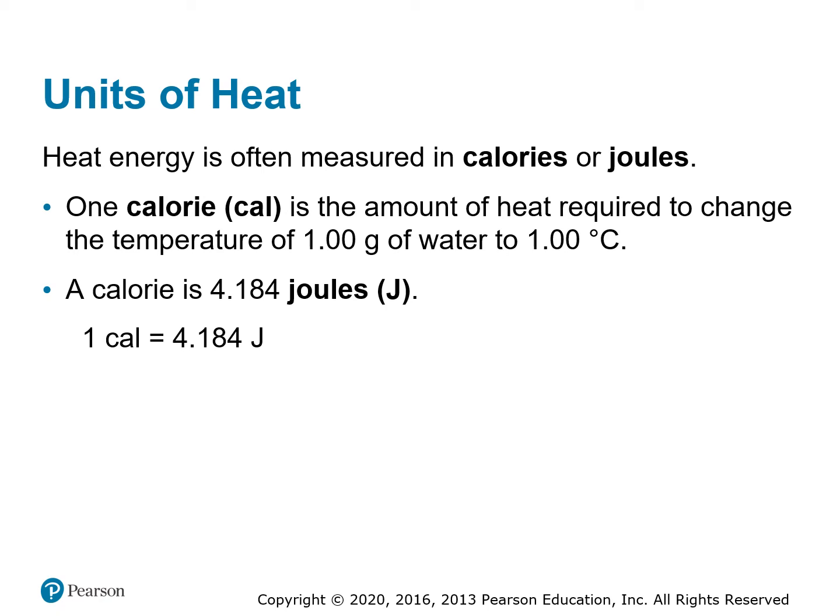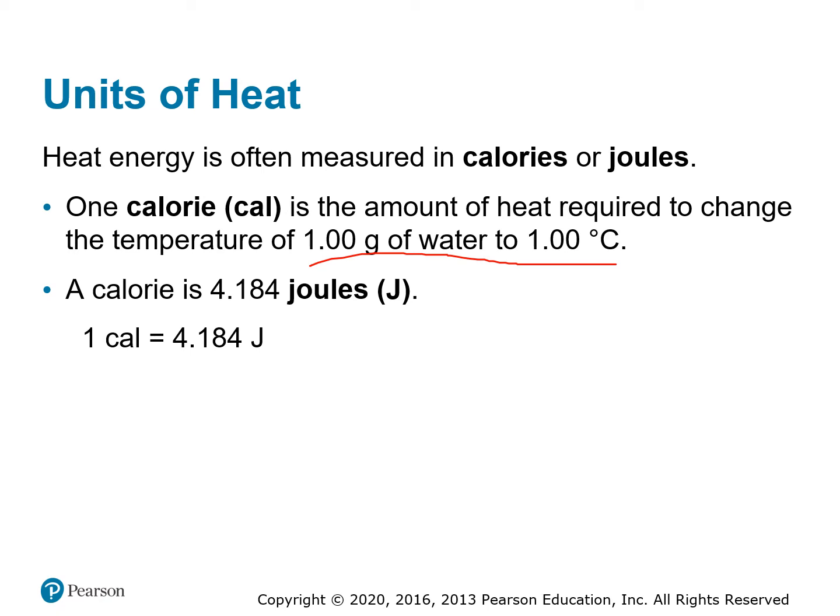And 1 calorie, and take a note of calorie here. 1 calorie with the small c is the amount of heat which is required to change the temperature of 1 gram of water by 1 degree Celsius.